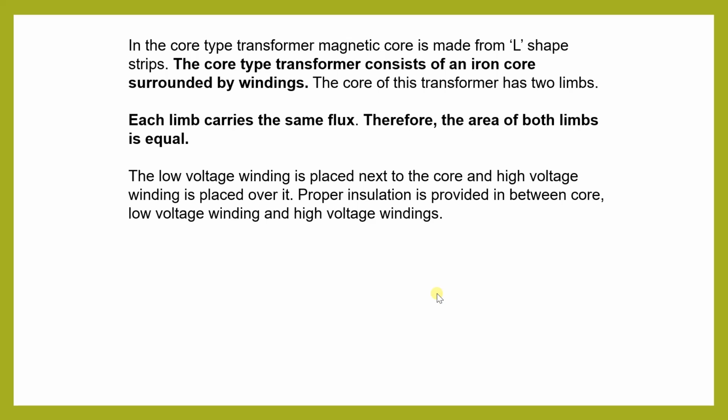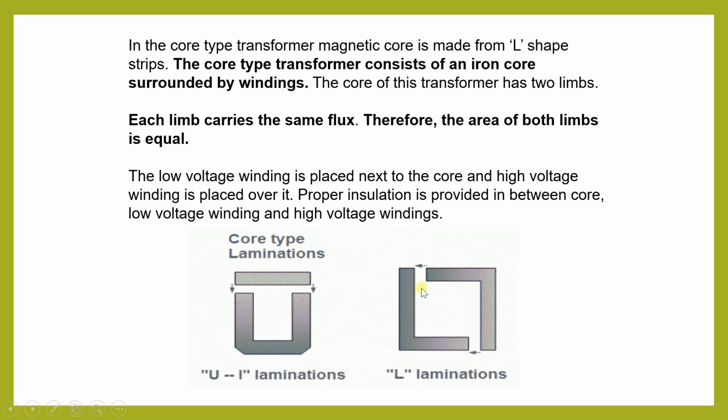The core of the transformer has two limbs, as shown in this figure. Each limb carries the same flux, therefore the area of both the limbs is equal. The low voltage winding is placed next to the core and the high voltage winding is placed over it. Proper insulation is provided in between the core, low voltage winding and high voltage winding.